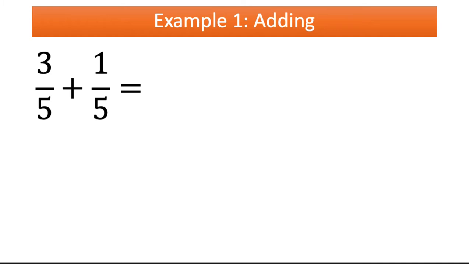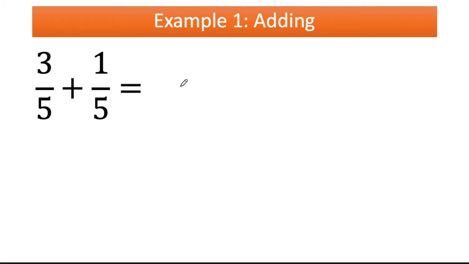Now let's see the first example here. For example, first example with adding. So what do you think we will do here? The first thing is to look at the denominators, guys. It's a 5 and 5, so it's a common denominator.